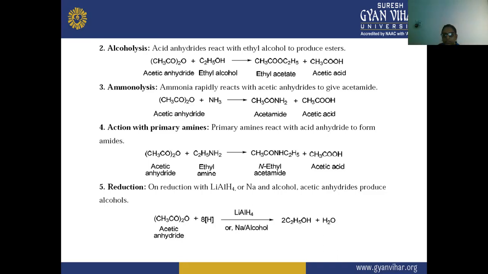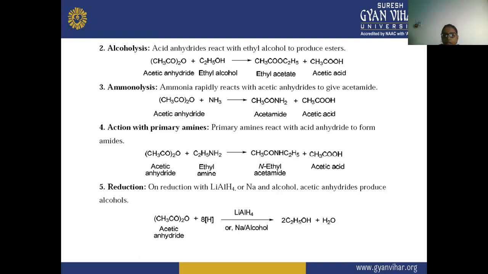You can see that acetic anhydride has (CH3CO)2O, and there is C2H5OH. In the ethyl alcohol, there is a formation of ions, C2H5 positive and OH negative. In the anhydride, CH3COO has the negative charge, and CH3CO has the positive charge.